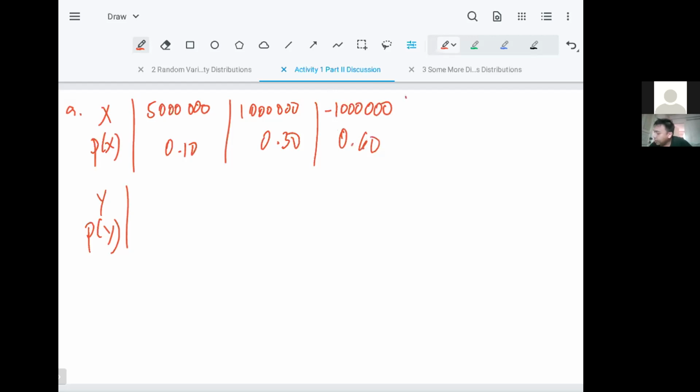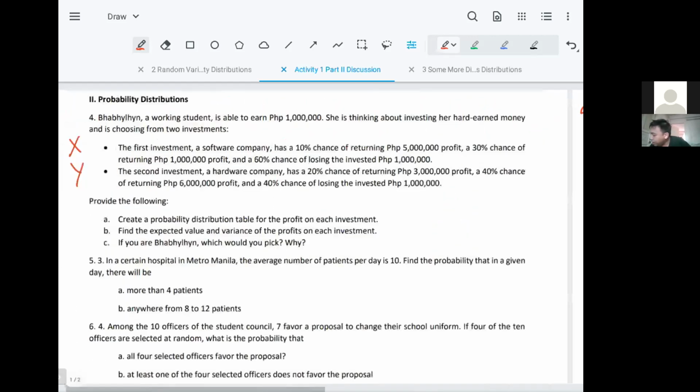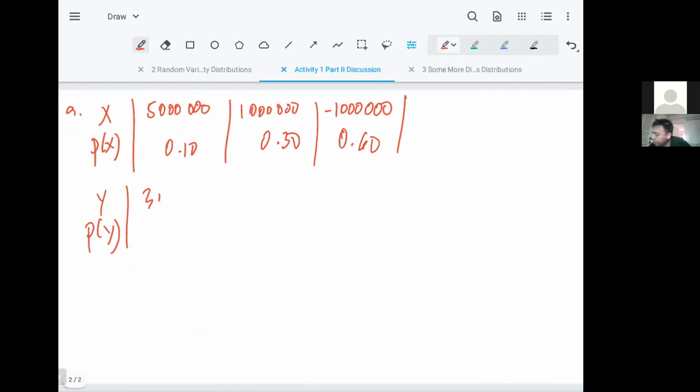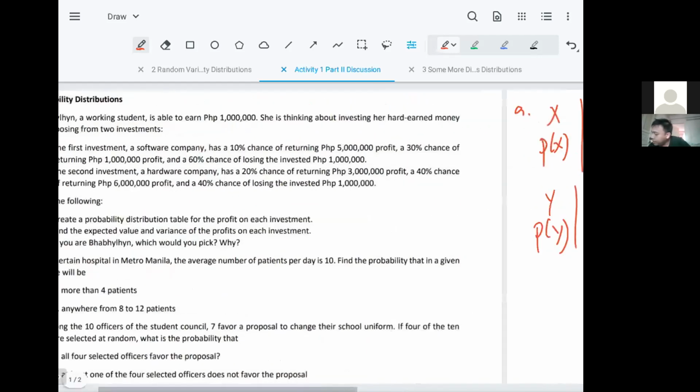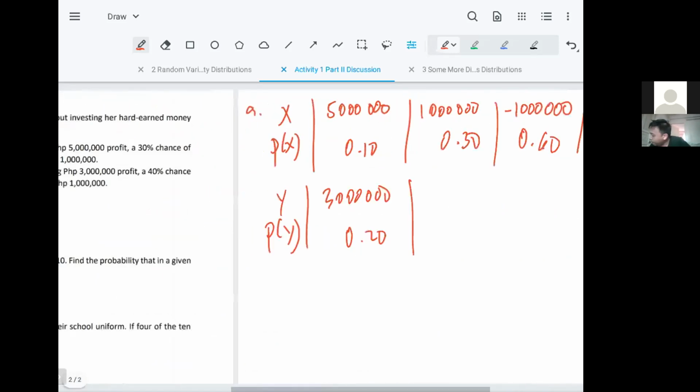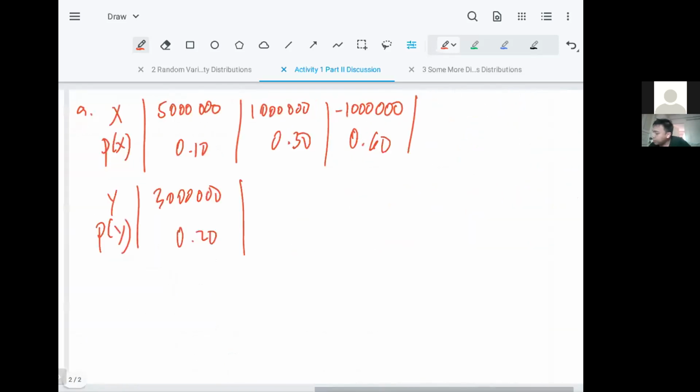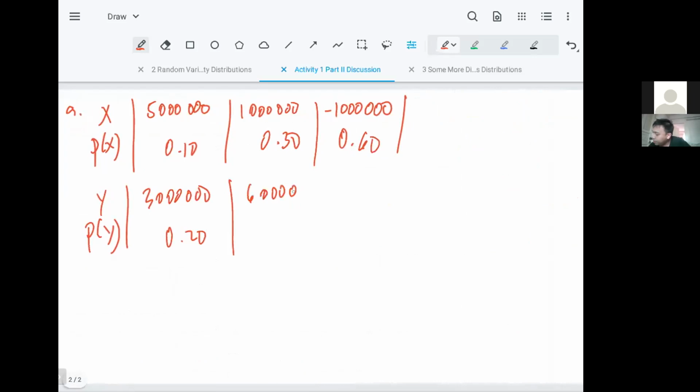60%. Okay, so the next investment, 3 million times 0, 20% chance, 40% chance of 6 million, and a 40% chance of losing that 1 million.